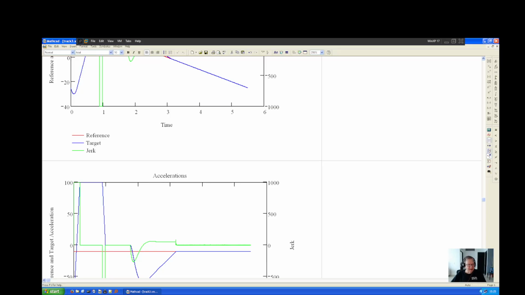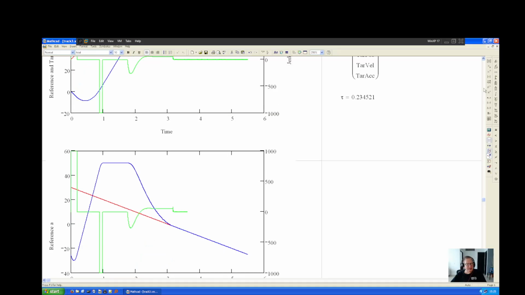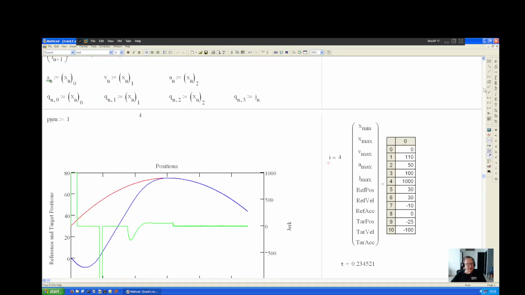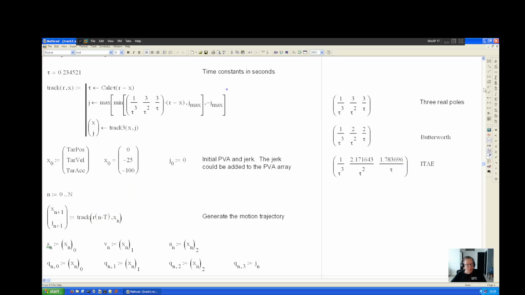So this is a good example of a motion profile with the limits being applied. So why do we want to do this? Well, if you want to follow a reference, say you had an actuator that's trying to follow a reference from a joystick, the operator could be moving that back and forth, and you would need to be able to lead the operator a little bit.